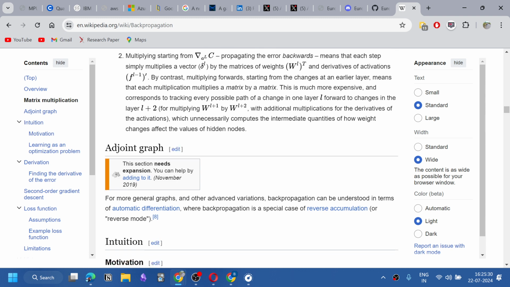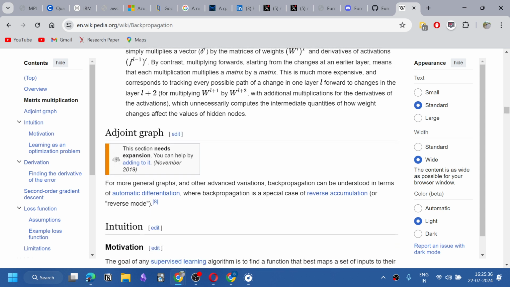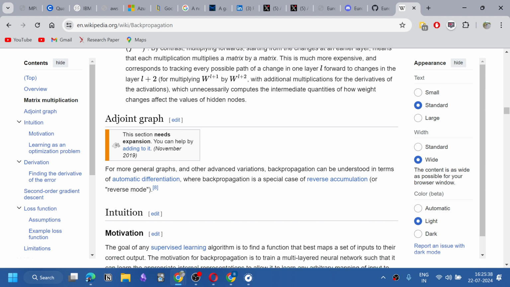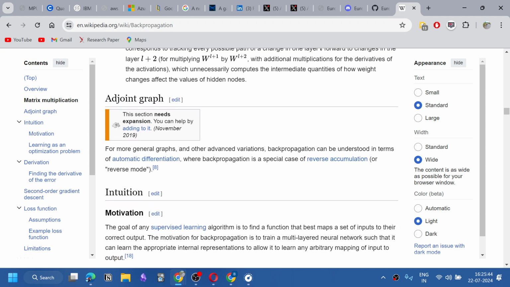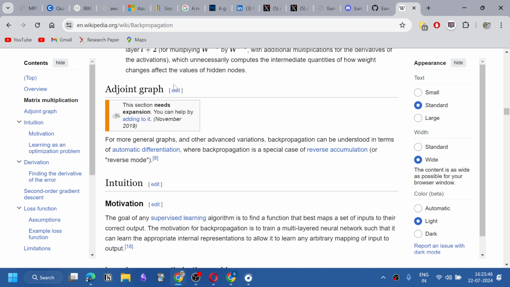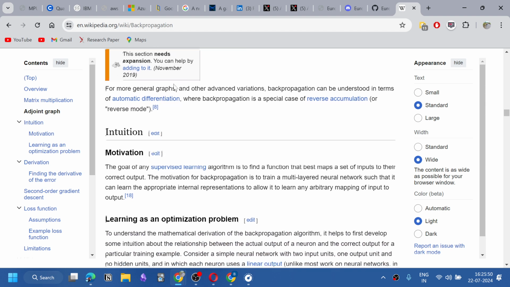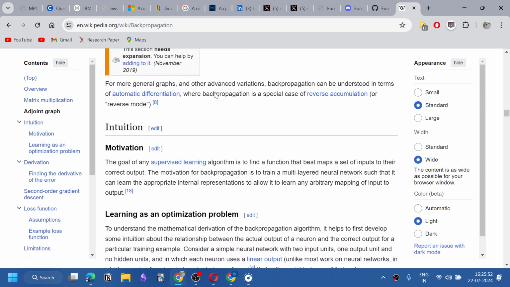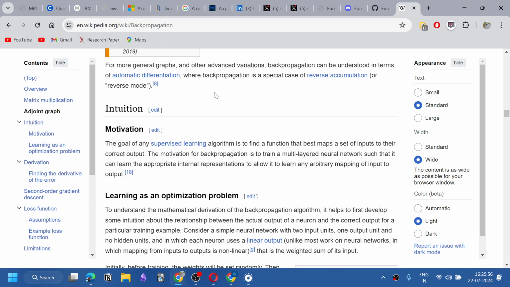This is much more expensive, as it tracks each possible path of a change in one layer forward to a change in the next, with multiplication and addition, computing unnecessary internal quantities for how a weight change affects the values of the hidden nodes.